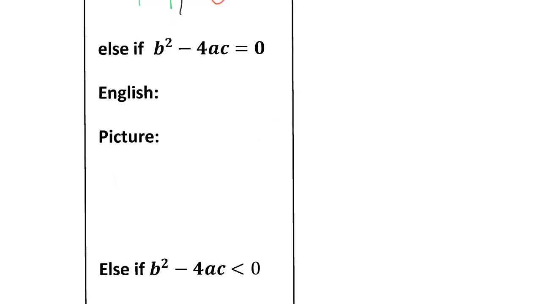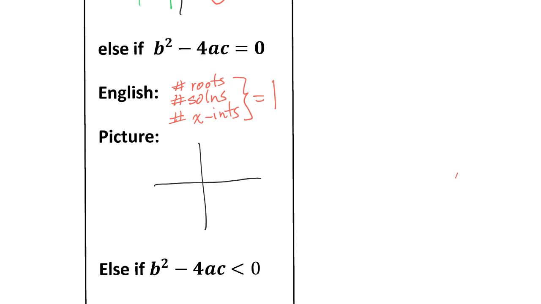So now, if we have b squared minus 4ac equaling 0, it means that the number of roots, solutions, or x-intercepts is equal to 1. Pictorially, what does that mean? The only time a parabola has just one root is when it just touches the x-axis at one place.